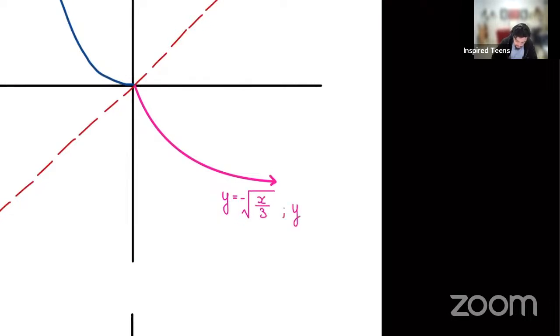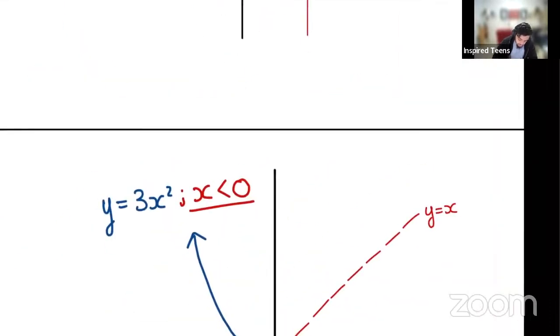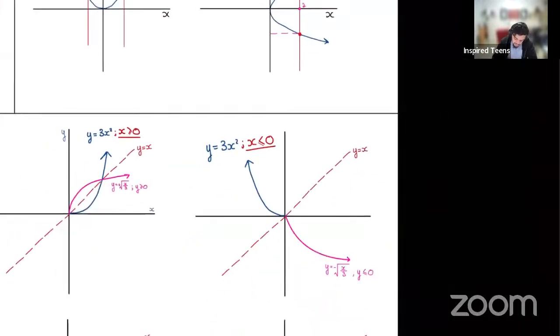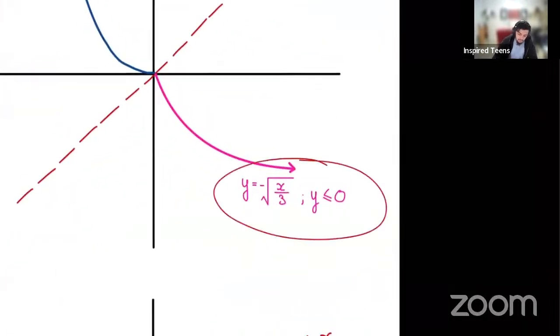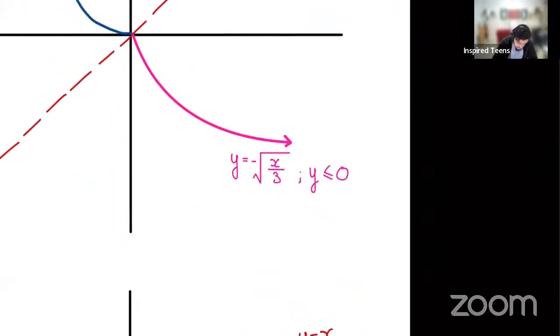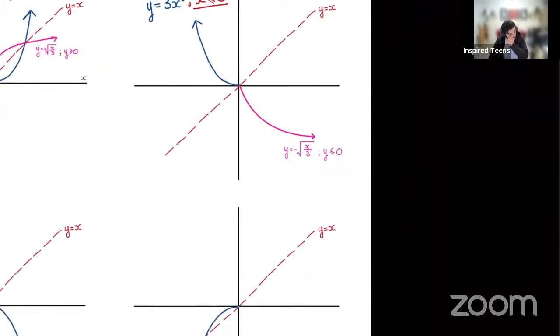And of course, the restriction is y is less than or equal to 0. Let's change this one to or equal to as well. Yep, the restriction there is y is less than or equal to 0. So I hope that makes sense.